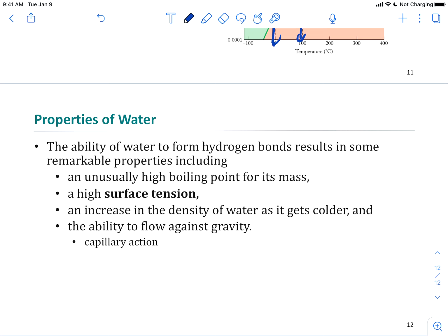It has an unusually high boiling point for such a low mass, and that's because of the hydrogen bonding. This is all because of hydrogen bonding. It has a really high surface tension.